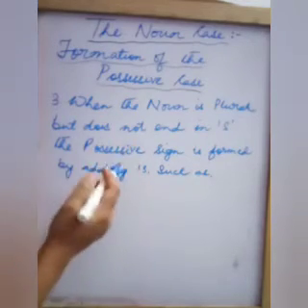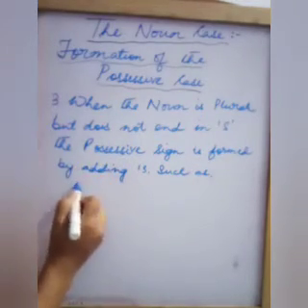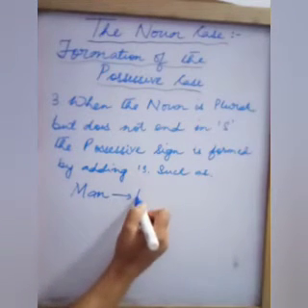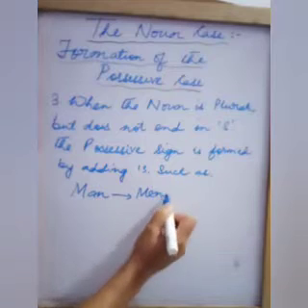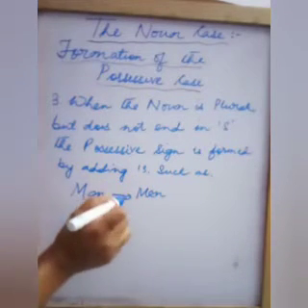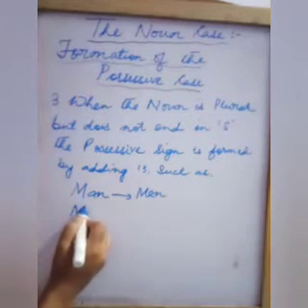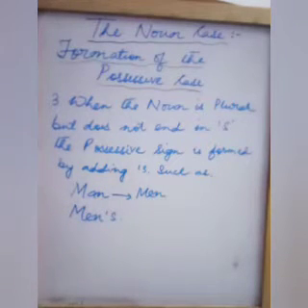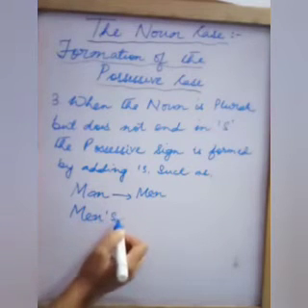Say for men. Man, M-A-N, is singular, plural is M-E-N. For M-E-N, how will we show the possessive case? We will add M-E-N apostrophe s. Plural possessive case.